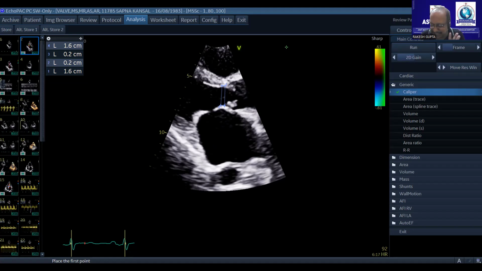No, you made a mistake here. 0.8 into 0.8 is r square. Yes, sir. Then 3.14 into LVOT VTI, divided by aortic valve VTI. LVOT VTI is how much? 26.71, divided by aortic valve VTI, that is 66.91. So aortic valve area is 0.80.